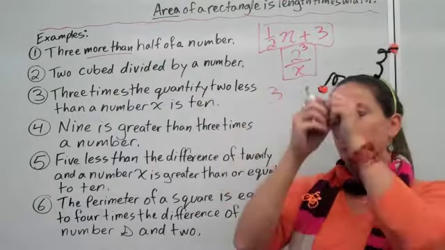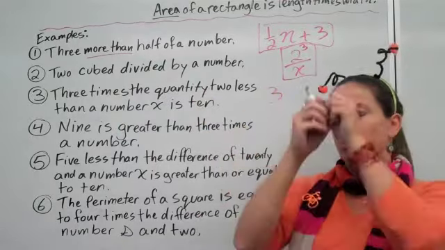Well, remember that less than was one of those trick words where you actually switch it. So we need to do x minus 2. So we are going to do 3 times the quantity x minus 2. Is is our special word. Is means equals, and we have equals 10.